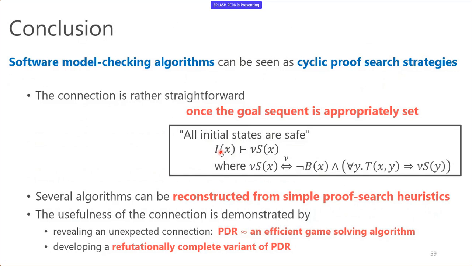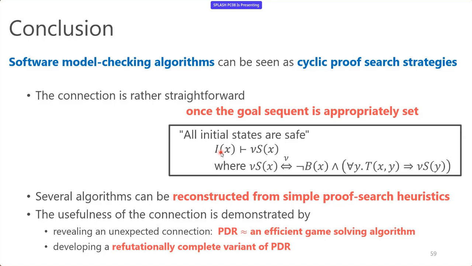So you mean it is not easy in practice to apply such software model checking techniques to general cyclic proof search? Yes, yeah, it's correct. You are right. I agree with you.